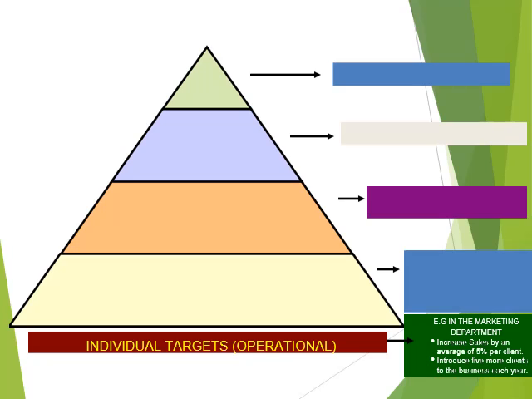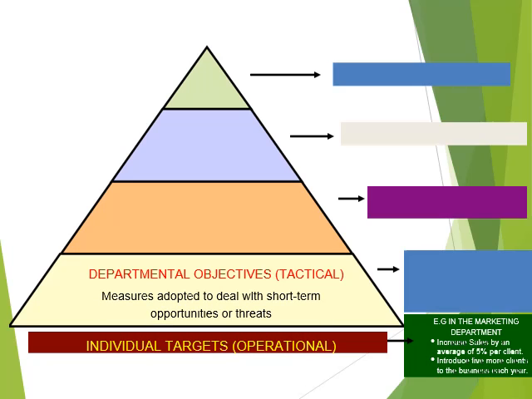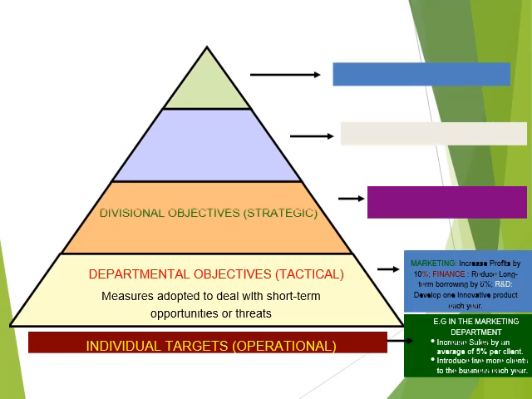Then next, the organization decides the departmental objective. These are measures adapted to deal with short-term opportunities or threats. For example, in marketing, increase profit by 10%, and in finance, reduce long-term requirement by 5%, and so on.